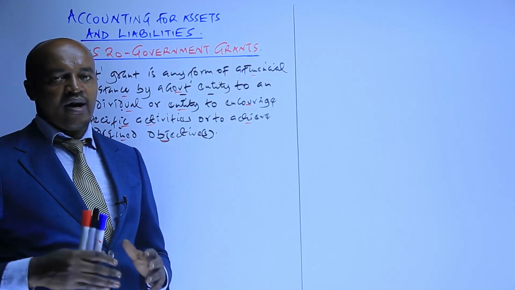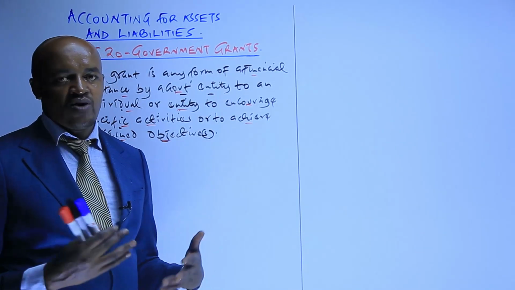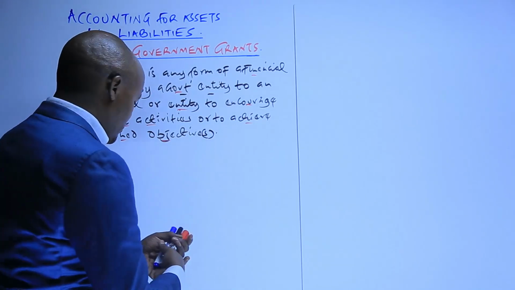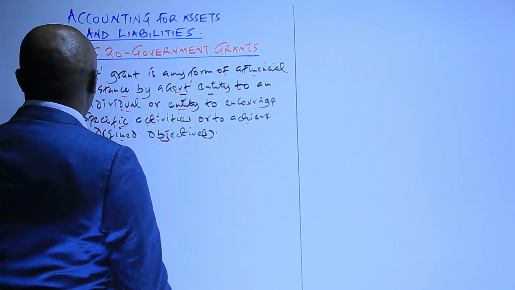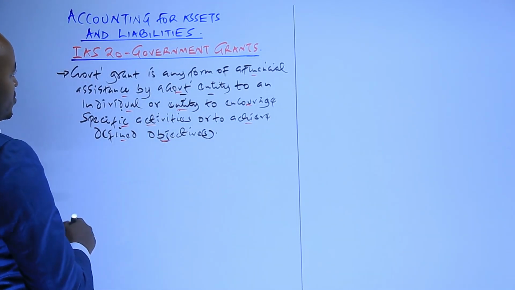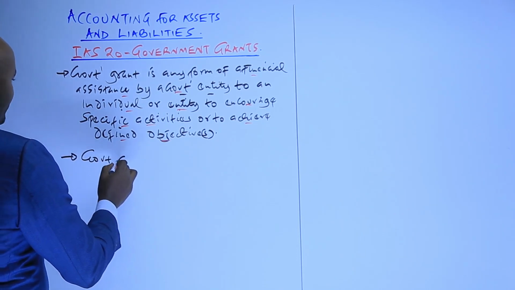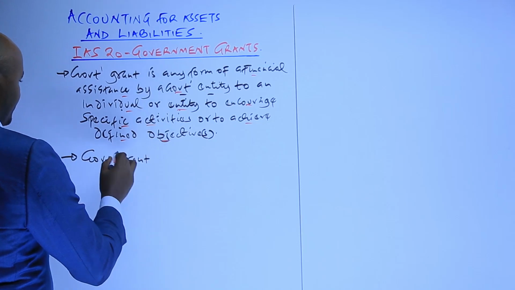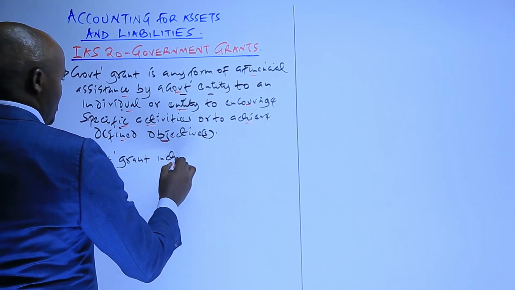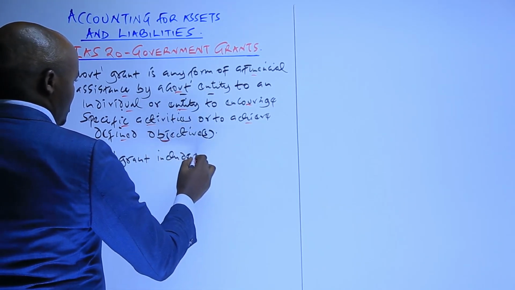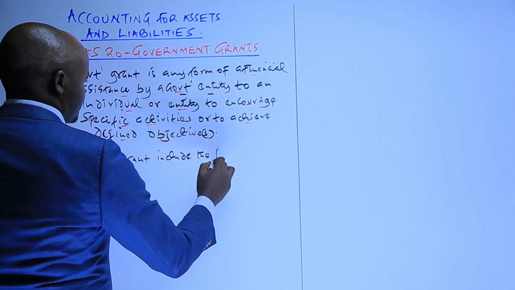But before we look at the accounting aspect, first of all we can look at the examples of government grant. So let's say that a government grant includes the following.